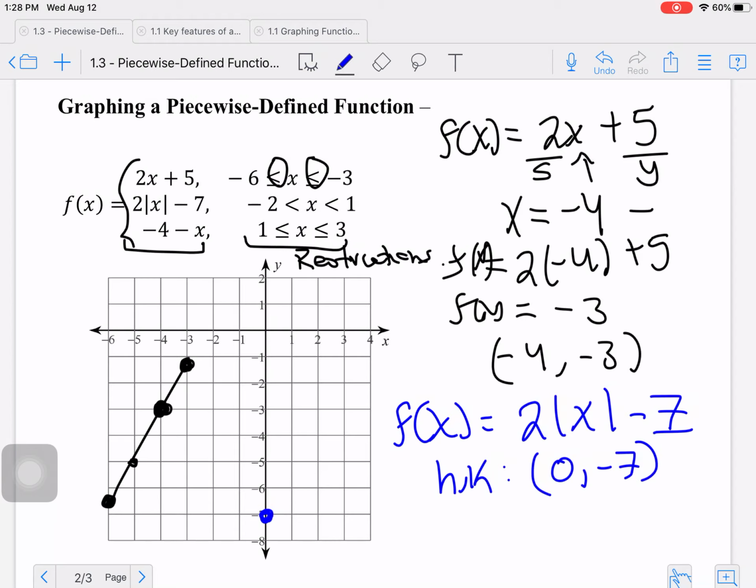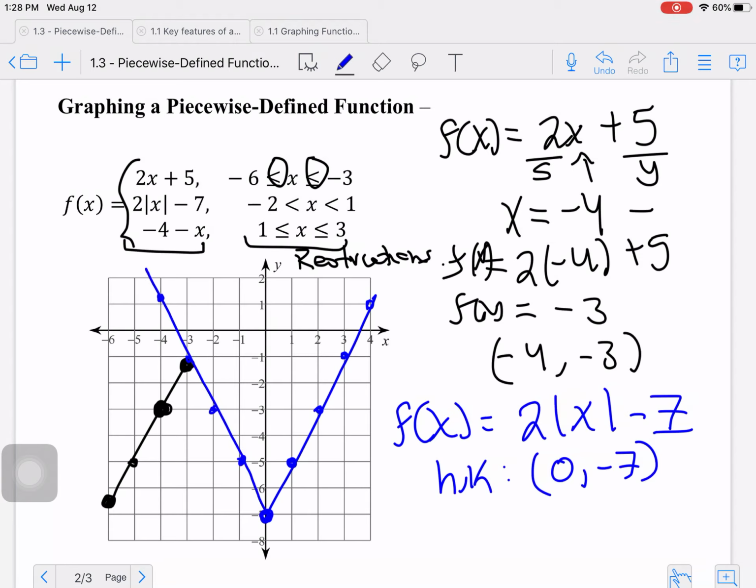Too many lines. My slope is 2, so I'm going to draw the two legs. Starting from the middle, I'm going to go up 2 over 1, up 2 over 1, up 2 over 1, and up 2 over 1. Same on the other side. I'm reflecting the points, 2 over 1, 2 over 1, 2 over 1. Okay? So again, your function should look like that.